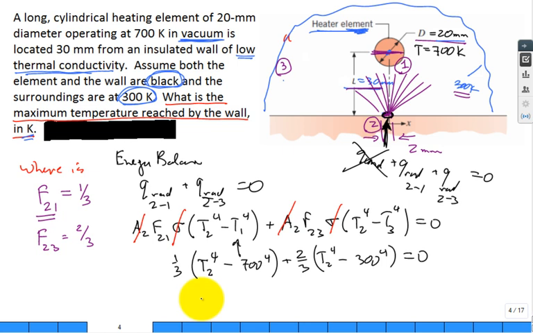So let's see, if I manipulate this equation, I get that T2 is equal to 1/3 of 700 to the 4th plus 2/3 of 300 to the 4th, divided by 1, raised to the 1/4 power.